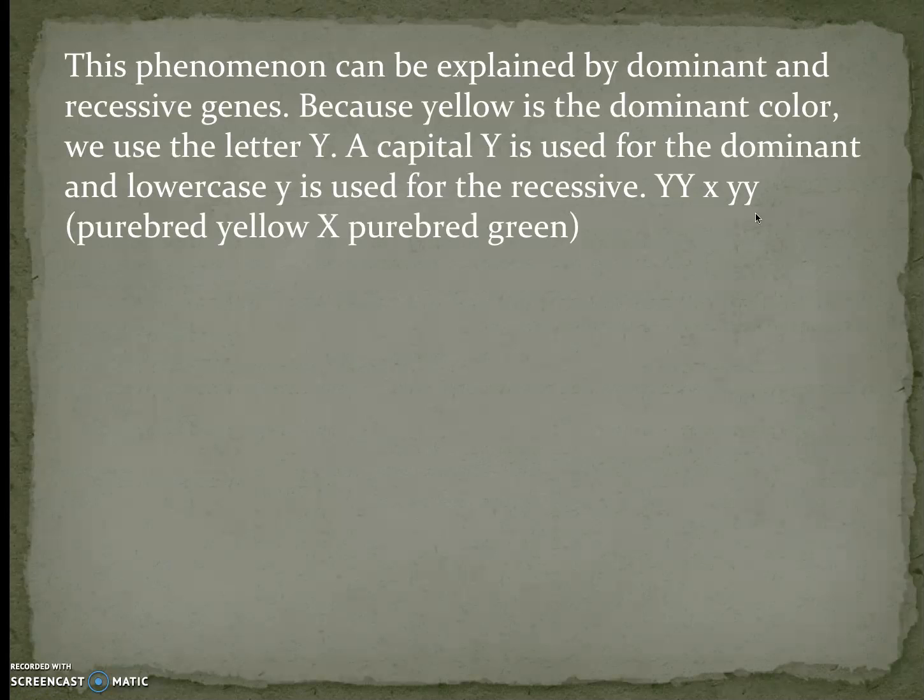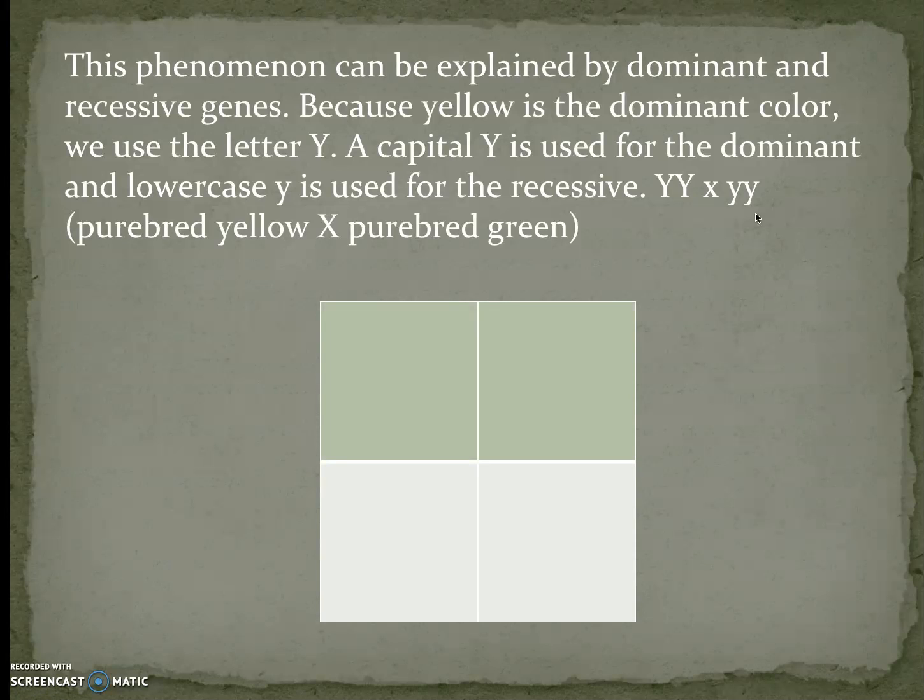So the first thing we do is we make a square with a cross in the middle of it. This is called a Punnett square. And then across the top we're going to put one parent. So this is our first parent, and the options that you have for it to give is a capital Y or a capital Y. Remember that we have two sets of the same gene, and each set is split during meiosis.